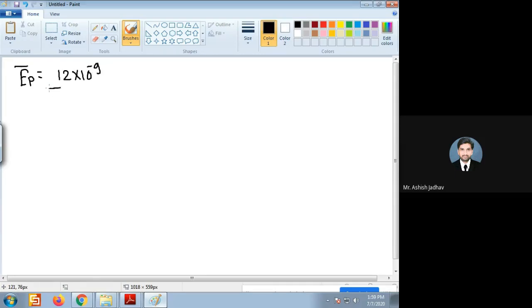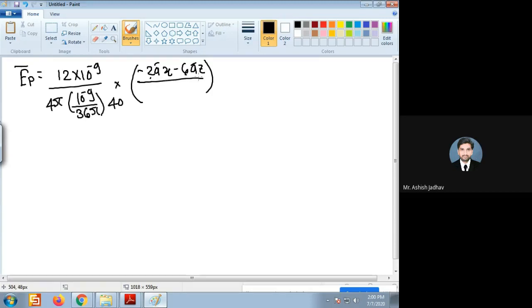So 12 into 10 raised to minus 9 divided by 4 pi epsilon naught, which is 10 raised to minus 9 upon 36 pi, into the unit vector minus 2 a bar x minus 6 a bar z divided by 6.325, divided by r square. If you calculate this term and then finally do the division, you will get the answer.